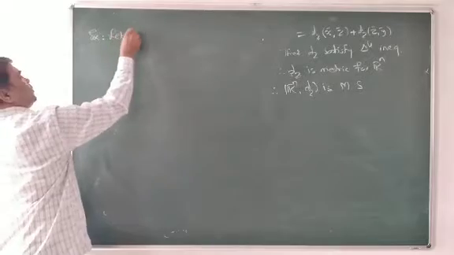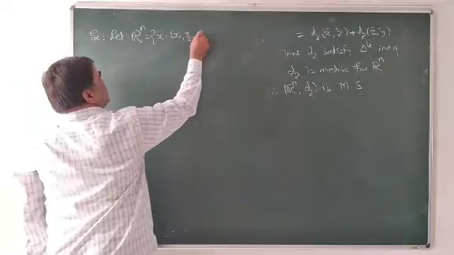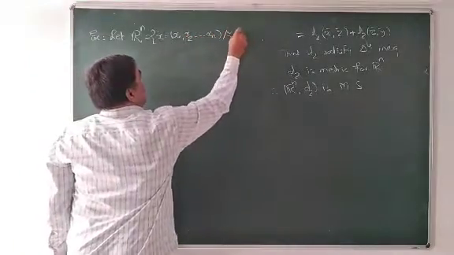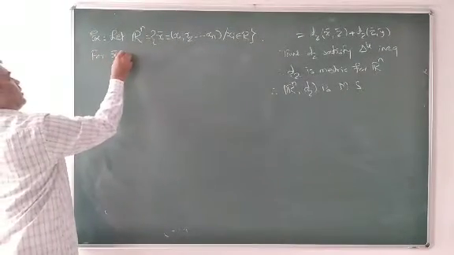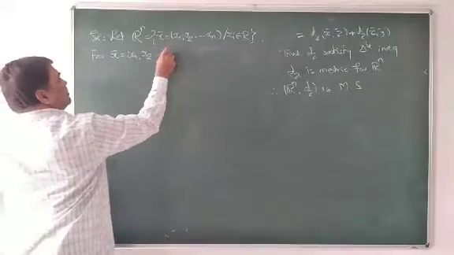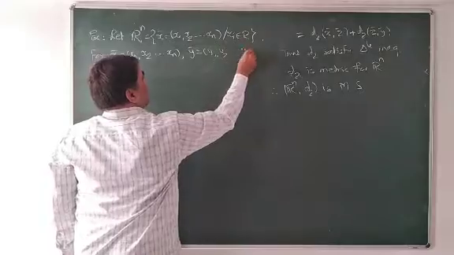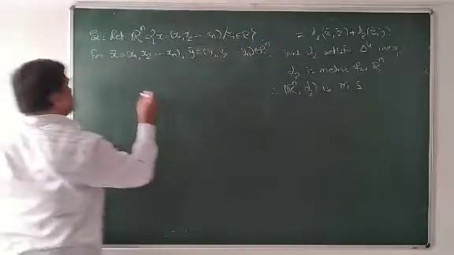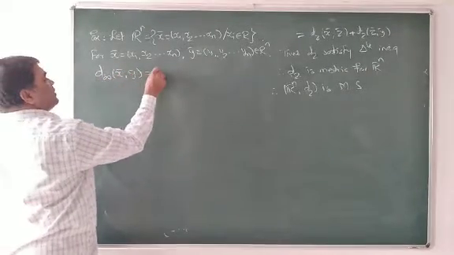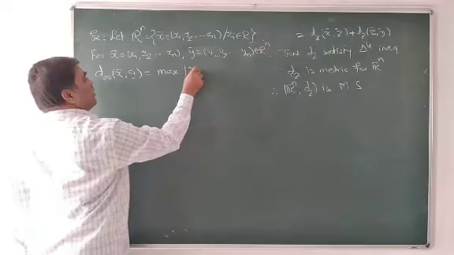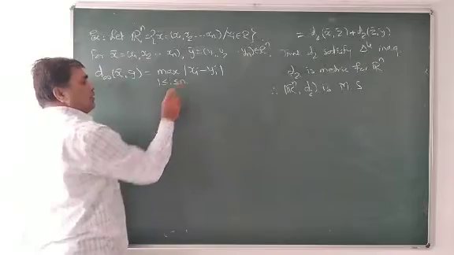Let Rn be again the set of x bar equal to x1, x2 up to xn, xi belongs to R. For x bar equal to x1, x2 up to xn, y bar equal to y1, y2 up to yn belonging to Rn, d infinity of x bar y bar we will define as maximum of mod of xi minus yi, where i runs from 1 to n, 1 less than or equal to i less than or equal to n.